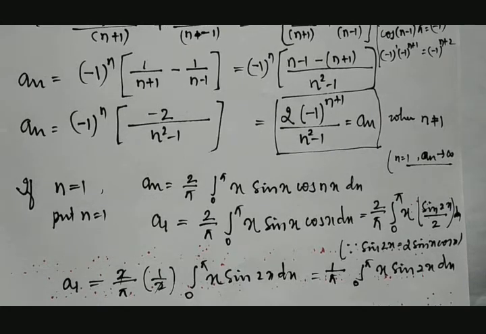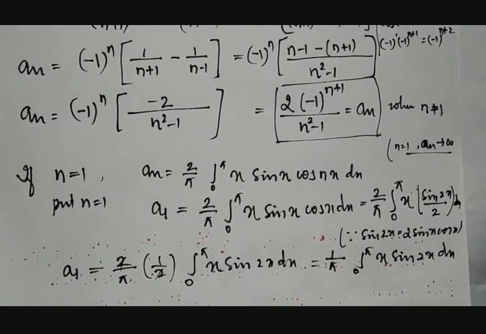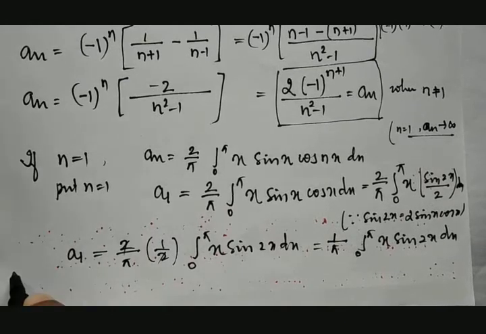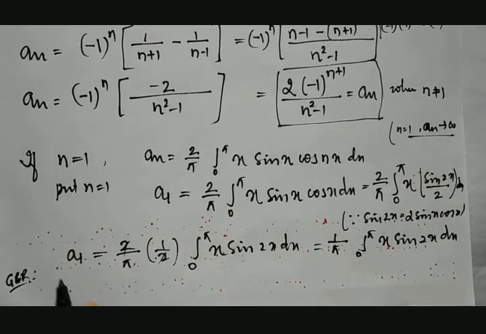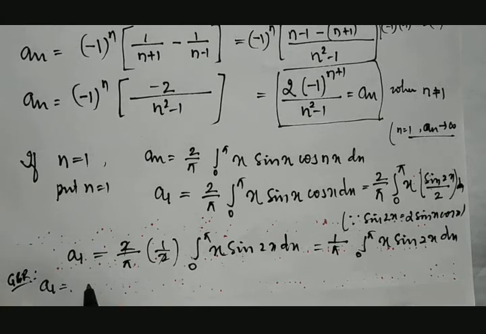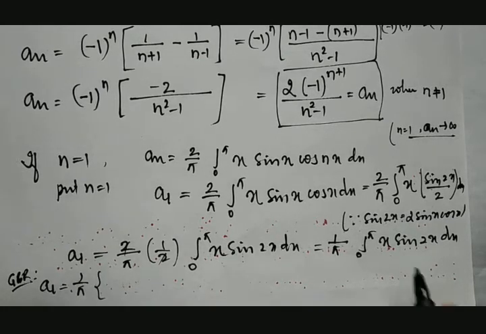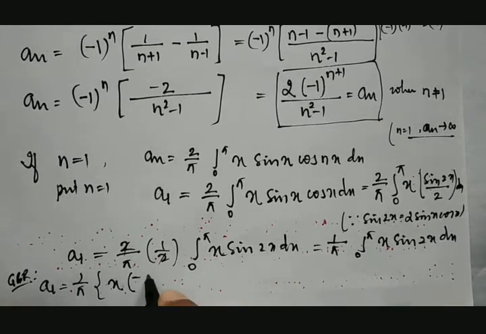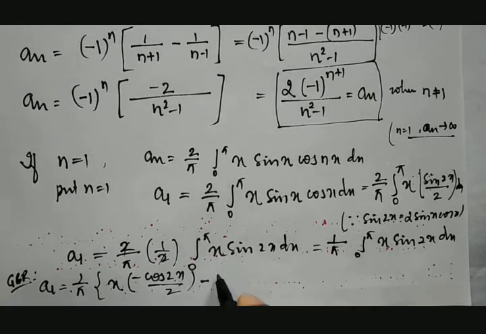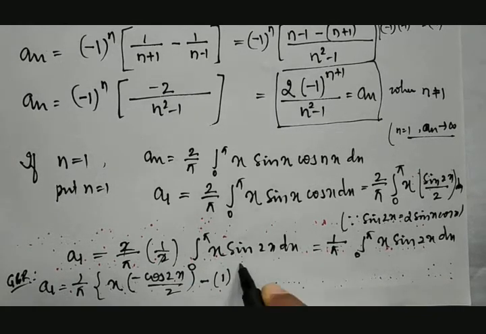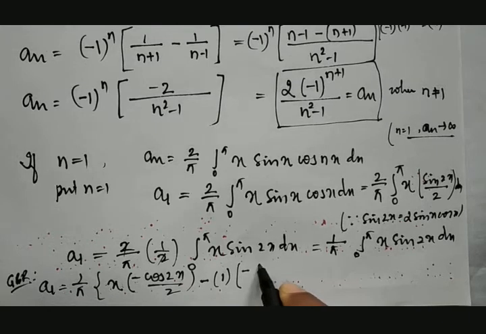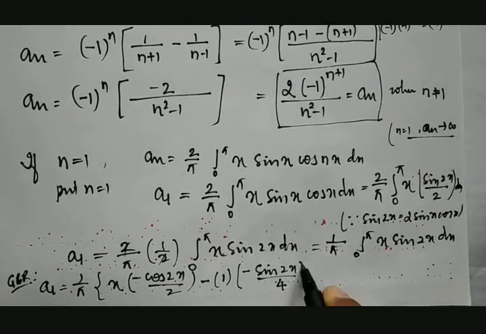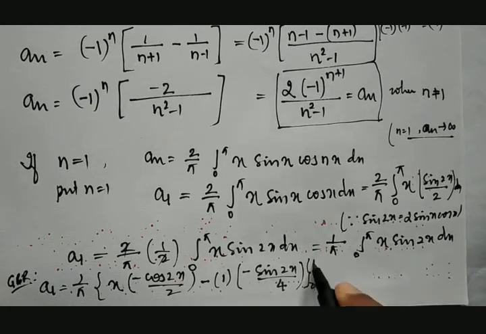Again, if we use the generalized Bernoulli rule for this calculation, a1 is equal to 1 divided by pi into first function x, integration of the second function is minus cos 2x divided by 2, minus differentiation of first function is 1, integration of the second function once again is minus sin 2x divided by 2 into 2, which is 4, between 0 to pi.